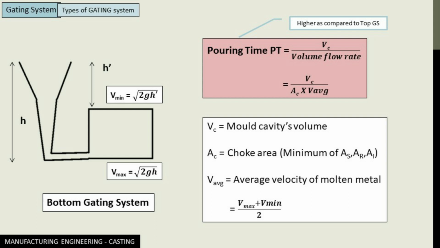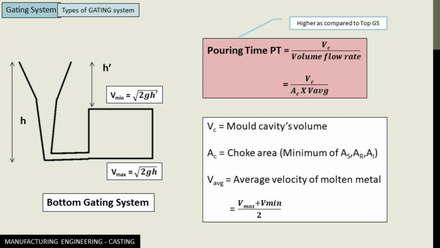And as soon as the molten metal reaches the top of the cavity, its velocity is considerably reduced, and it is given by V_min equal to root 2gh dash, and h dash is the height from the molten metal level in the pouring basin to the molten metal when it reaches the cavity's top. And hence the average velocity is given by V_max plus V_min, that is maximum velocity plus minimum velocity, by 2.